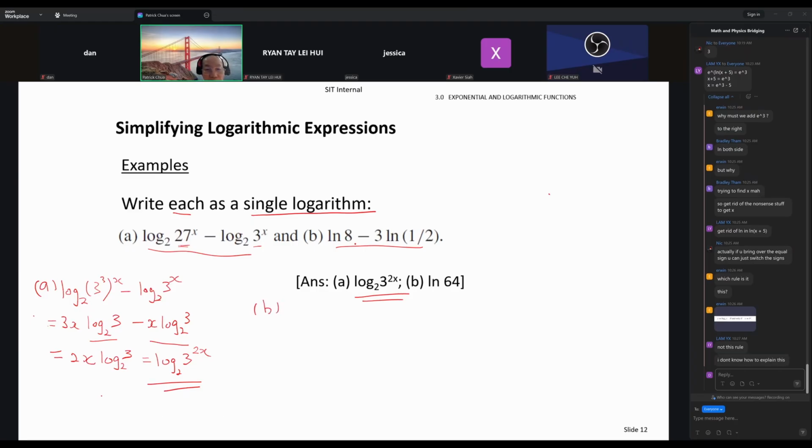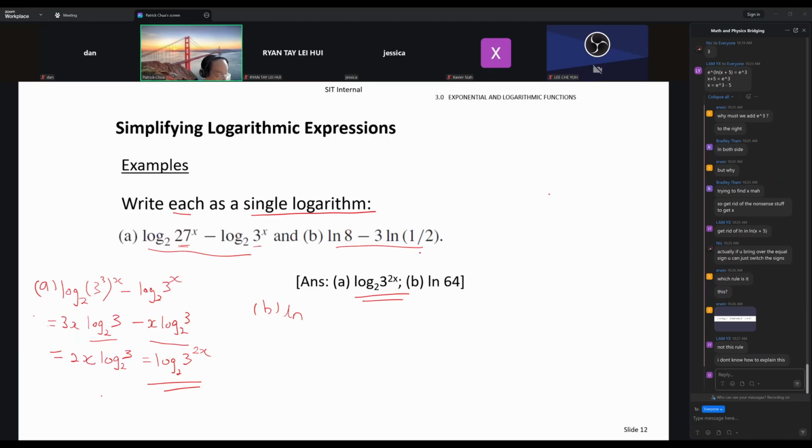Then B, log 8 minus 3 log half. Log 8 minus 3 log half. Okay, so again, you try to make the log value the same as before. So log 8, 8 and 2.